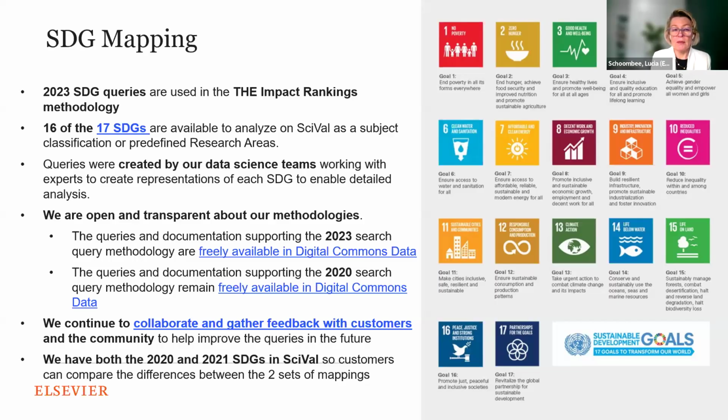Within Elsevier from 2015, we had already looked at how we can map publications. But as we started talking to Times Higher Education, we developed this mapping based on keywords.